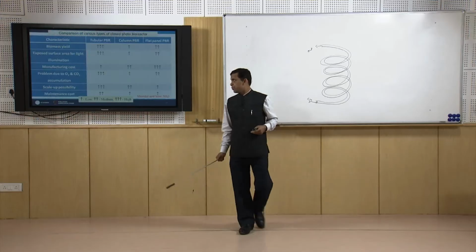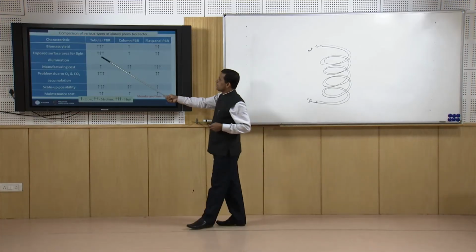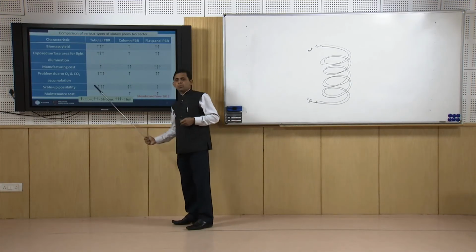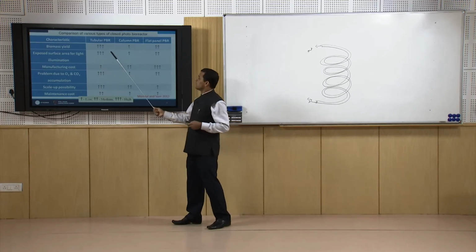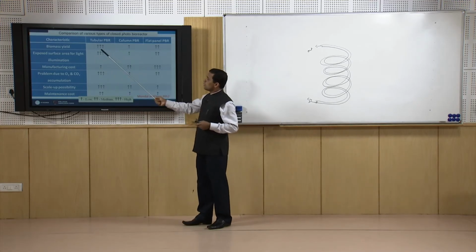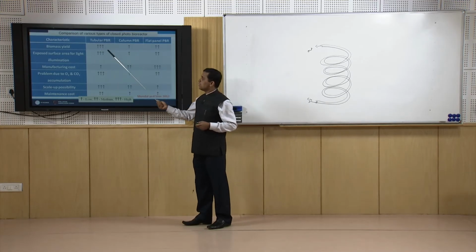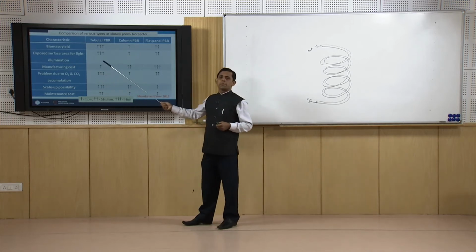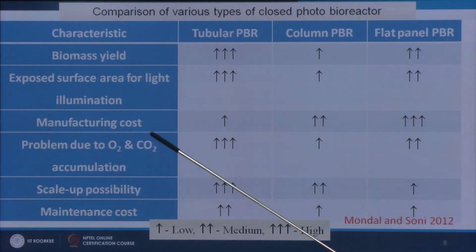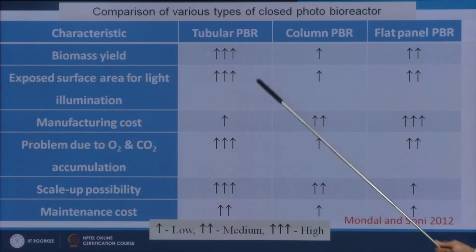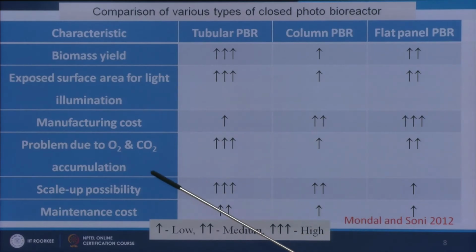So, these are the different parameters or characteristics we consider. Then we see the tubular has maximum biomass yield, maximum exposed area for sunlight illumination, manufacturing cost is low, and problem due to O2 and CO2 accumulation is also very high, because it is tubular, it is closed, and in this case it has the maximum O2 and CO2 accumulation.